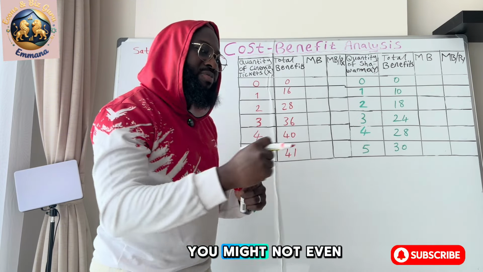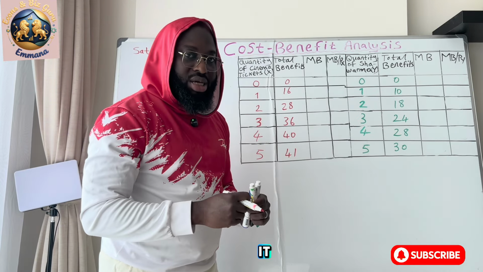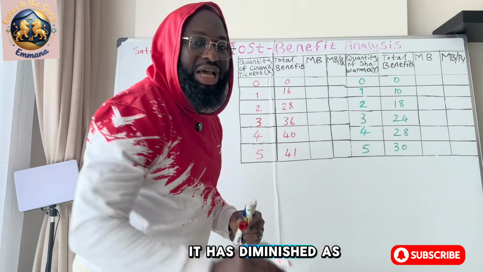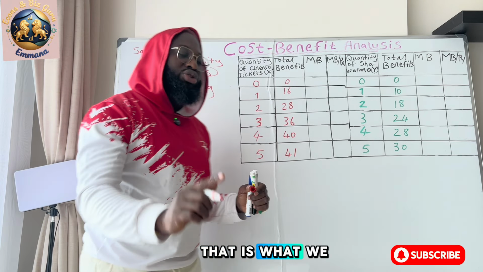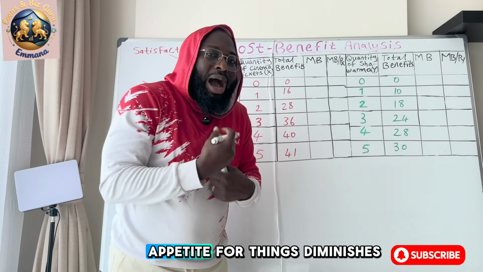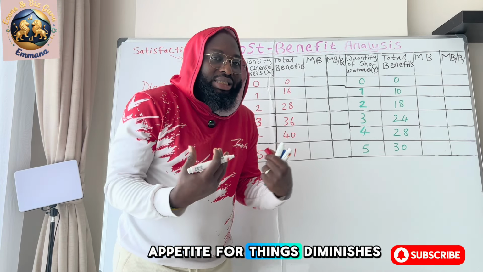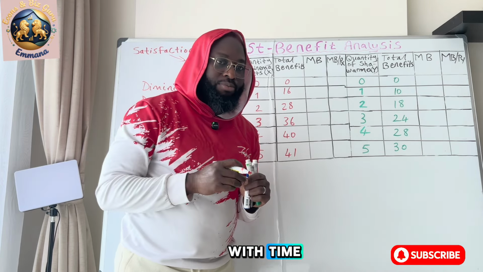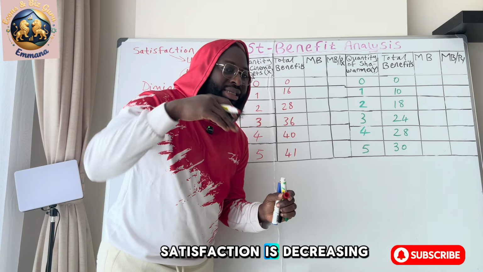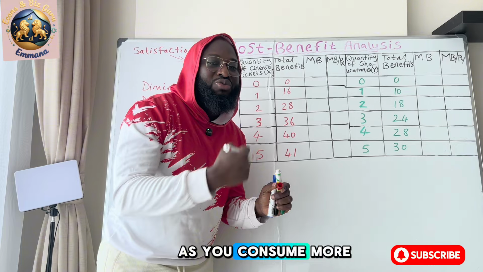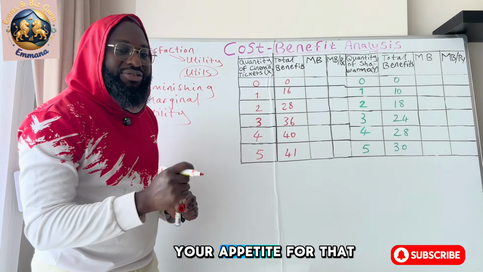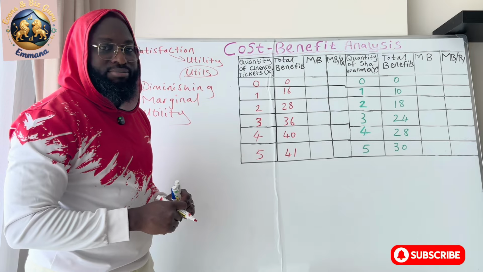The third cup, you might not even be able to drink it because your satisfaction for it has diminished, has decreased. That is what we call diminishing marginal utility. That is why our appetite for things diminishes with time. Your satisfaction is decreasing as you consume more of a commodity, so your appetite for that thing decreases.